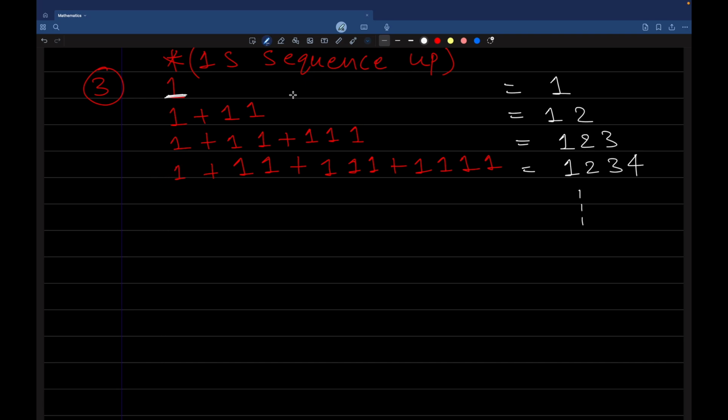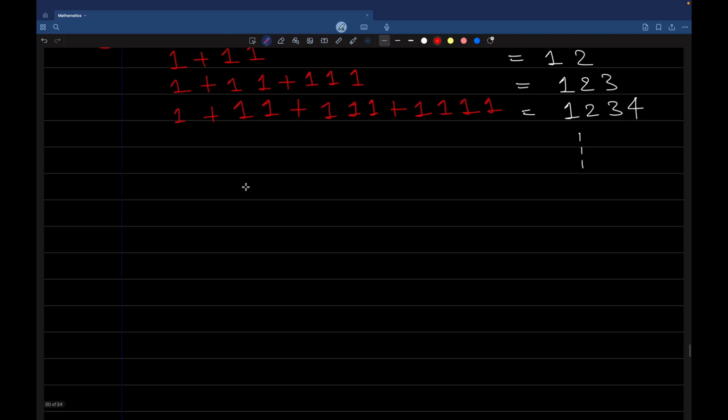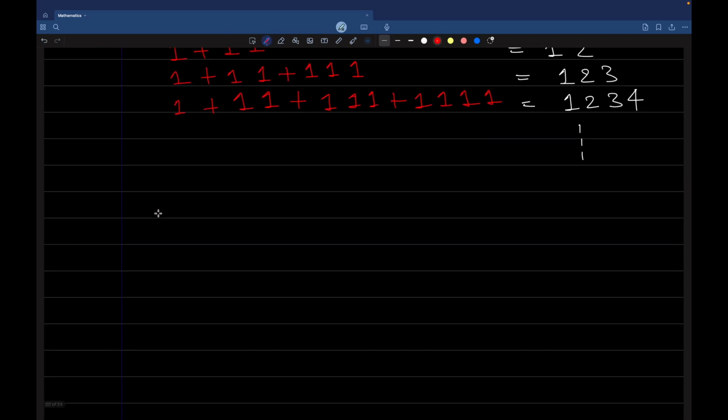If we see the second question, what if we add all sequence of ones in up and down direction? That is sequence of 1 adding in up and down.